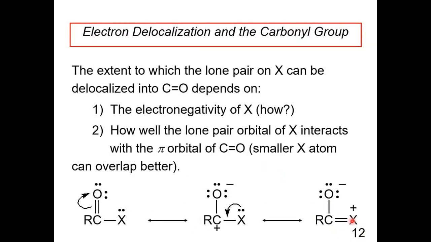because look at it, in this resonance form, you have a double bond between the heteroatom and carbon, right? And a double bond, as we know, always includes a sigma bond and a pi bond. How strong this heteroatom-carbon double bond can form also plays a very important role. Why?